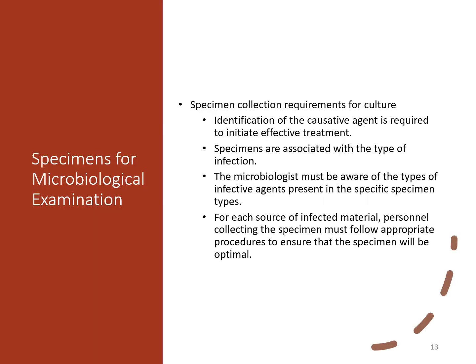With the specimen collection for microbiology, it's very important that you understand that there are several factors that come into play. You need to be able to ensure that the specimen is going to allow you to identify the causative agent so that proper treatment can be initiated and started for that patient. Specimens are associated with the type of infection.